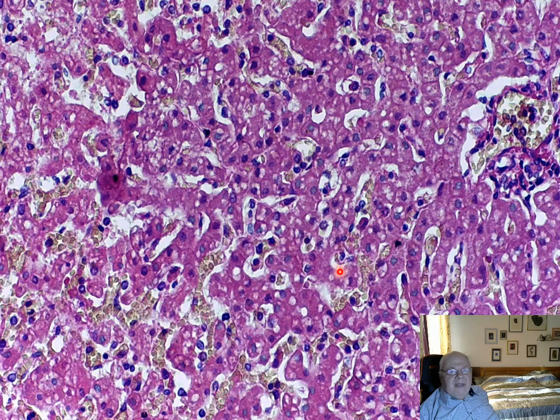Here on a higher magnification, the stasis in the central zone of the lobule and the vacuolar cavities in the cytoplasm of hepatocytes in this intermediate zone, which is suffering from fatty dystrophy in chronic liver stasis.